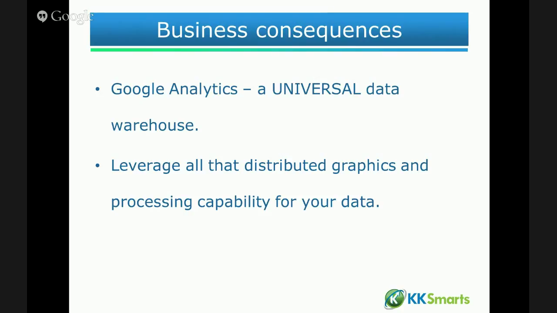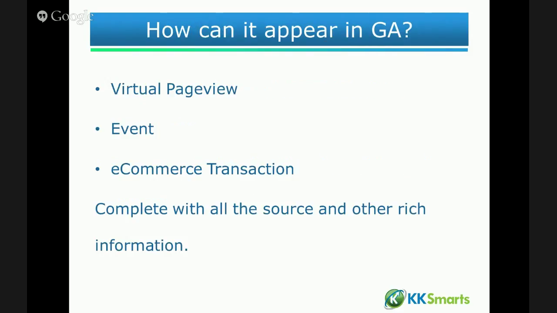Now, let's look at how it can appear in Google Analytics. Actually, it's pretty flexible. You can pretend that things are pages. You can create what are called virtual page views. They look like pages in Google Analytics. So imagine a set of process steps, named as a sequence of pages, page 1, 2, 3, 4, 5, etc. If you send those into Google Analytics, you can see them as pages.